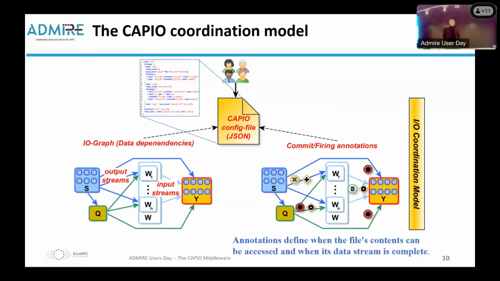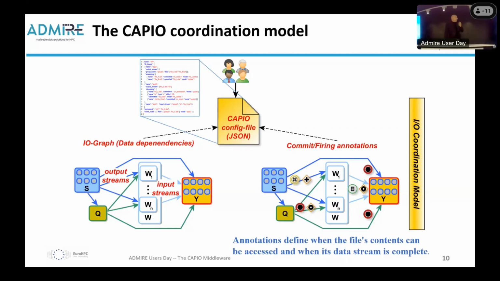This coordination language, or data model, or coordination model, describes in a JSON format both the data dependencies of the modules, of the steps that we want to take into account when using CAPIO, and the data synchronization, what we call here commit and filing annotations. So these strange symbols in the picture are the annotations that we provide through the coordination language for introducing the synchronization that we want.